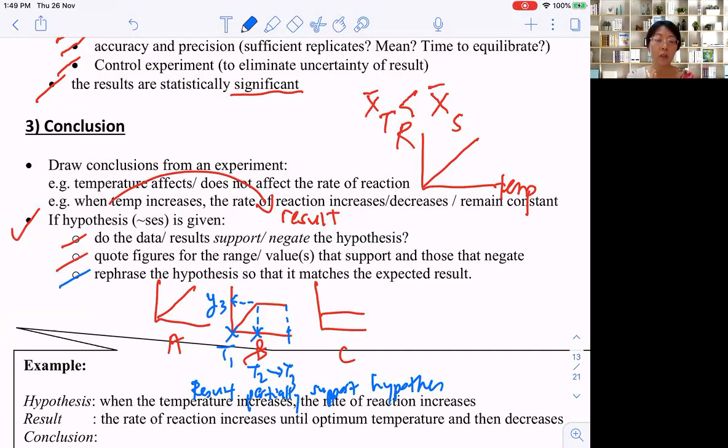So for temperature T1 to T2, as the temperature increases, the rate of reaction also increases from Y1 to Y2. Okay, then for temperature T2 to T3, as the temperature increases, the rate of reaction remains constant at Y3. Okay, so that's what you need to write for your conclusion.